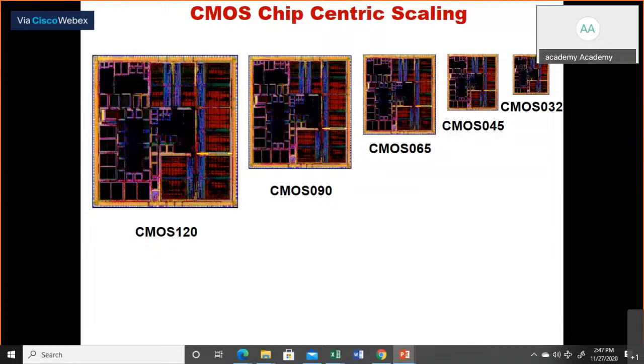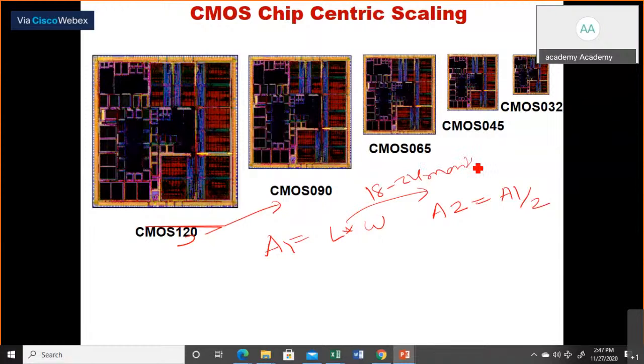Actually, if we talk about Moore's law, when we go from one technology to another, how can this number be decided? Anybody can say how this number is decided? From 130, why is it only 90, why is it not 75, and so on? The main reason is that we are talking about the length. Moore's law says the area will go down. Suppose A1 is there, then if we go from one technology to another, area two should be area one by 2. This is Moore's law for a period of 18 to 24 months.